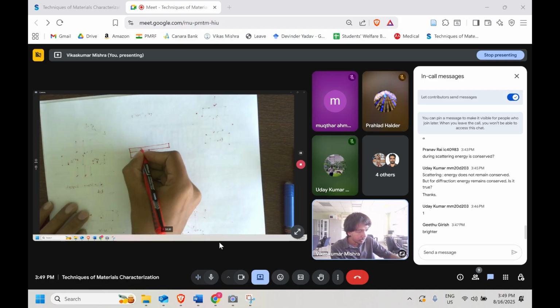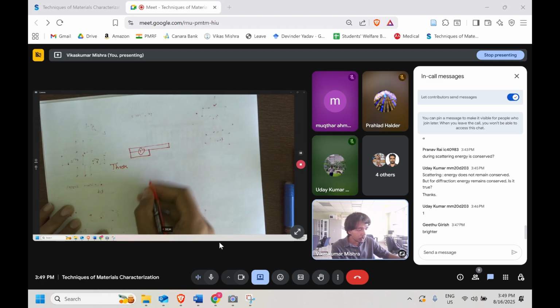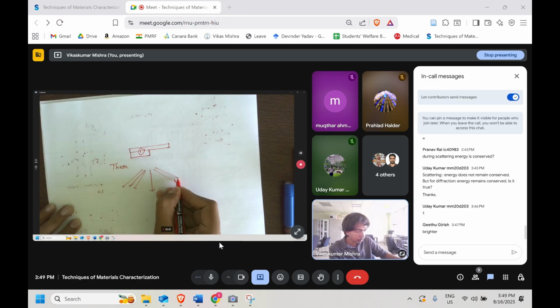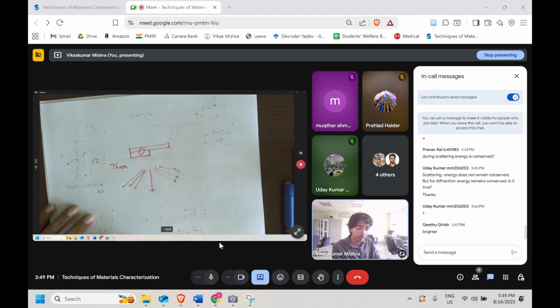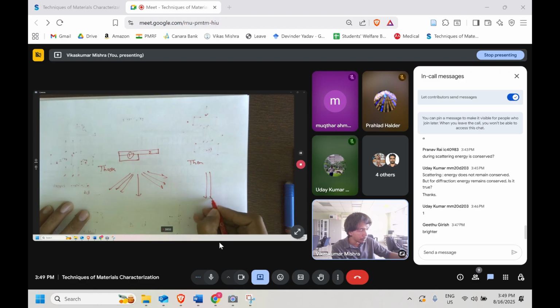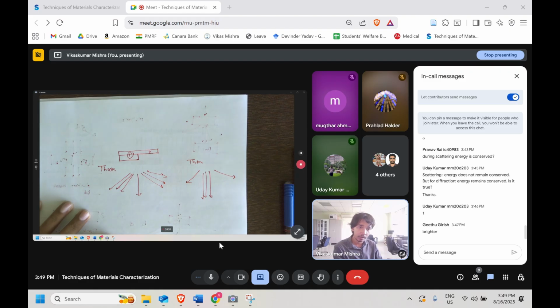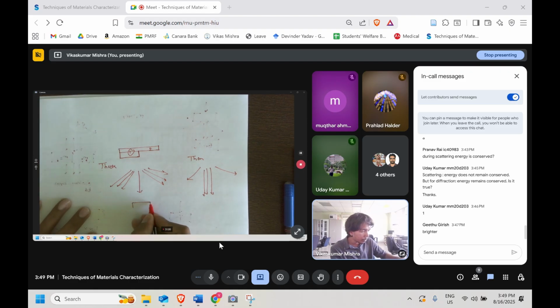In case 1, where it is thicker, what we observe is that the direct beam is less and the scattered beam is more. In case 2, where it is thin, we see more direct beam and less scattered beam.